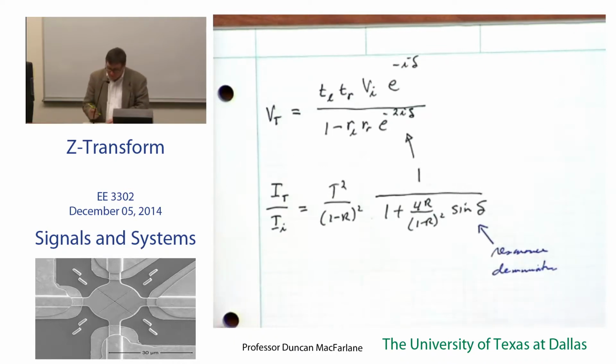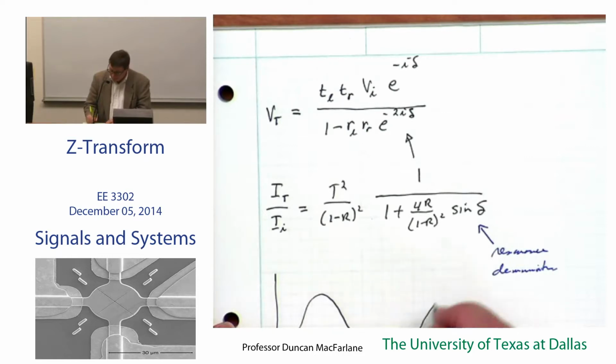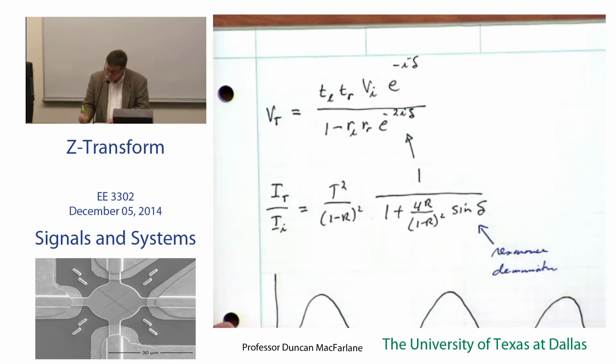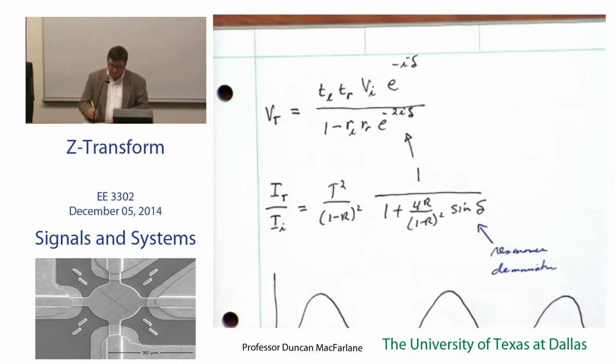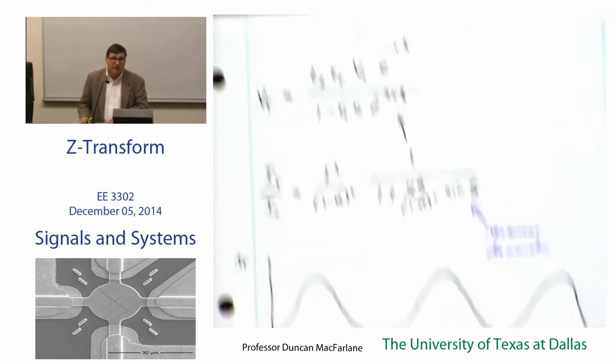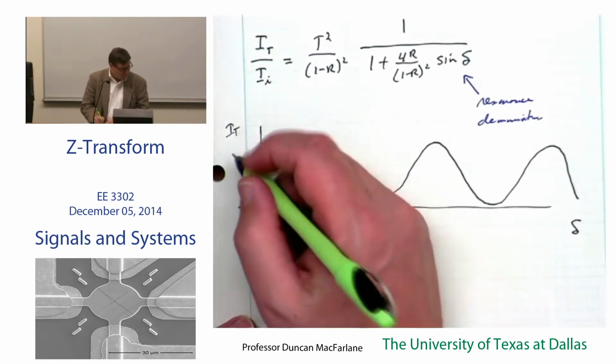So if I plot this, I have a set of peaks, and this is in terms of delta.